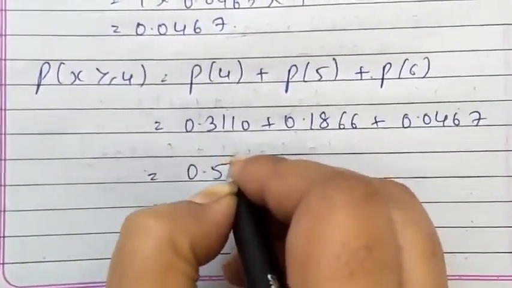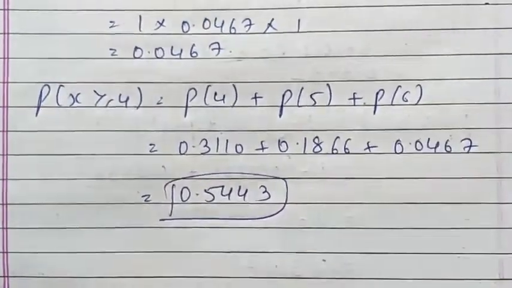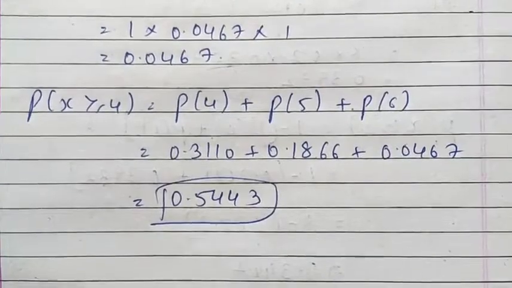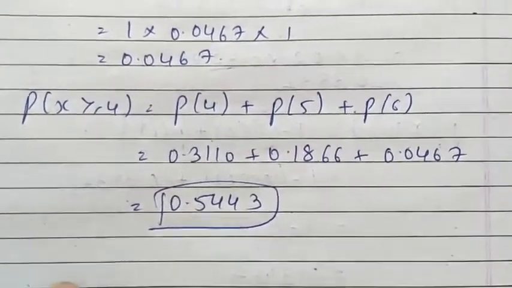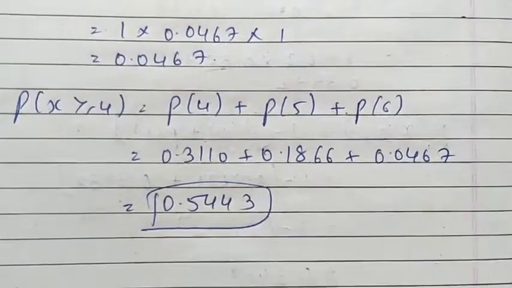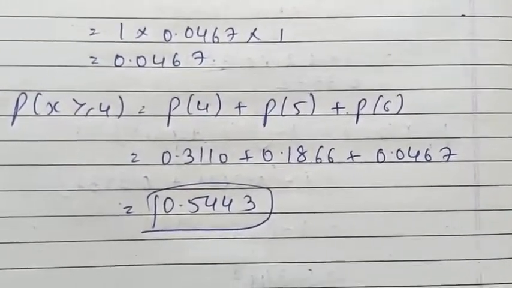The total comes to 0.5443. Clear? So hence, the probability that at least 4 students pass in the examination is 0.5443. So we complete our sum number 6 over here.